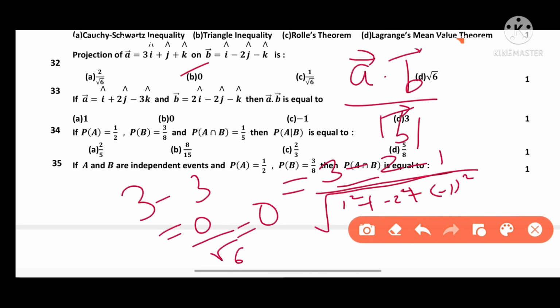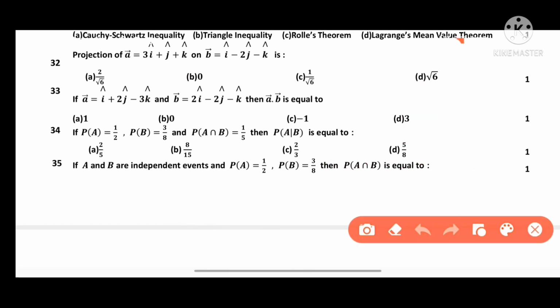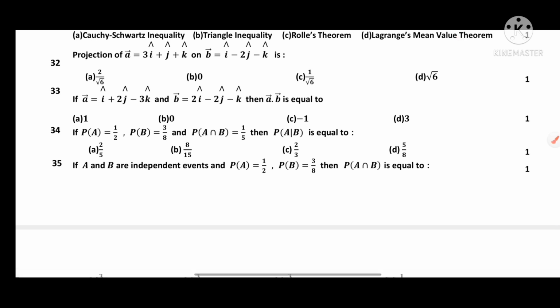Next question. If A vector is equal to i cap plus 2 j cap minus 3 k cap and B vector is equal to 2 i cap minus 2 j cap minus k cap, then A vector dot B vector is equal to, very simple question, dot product of two vectors.